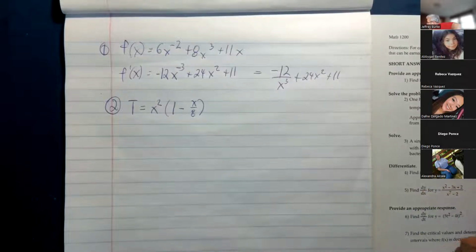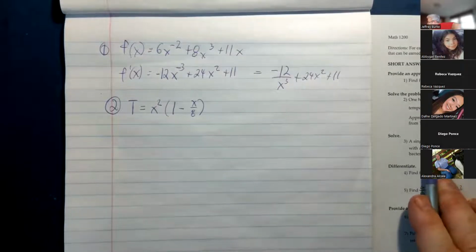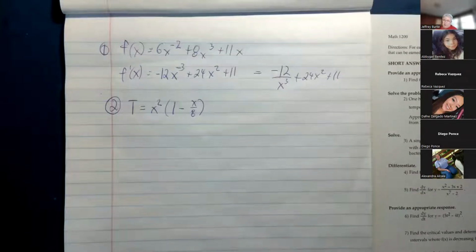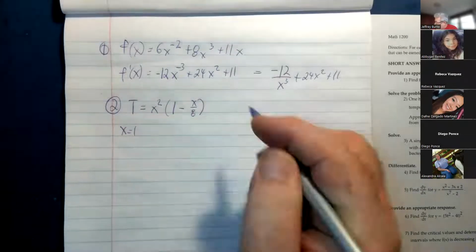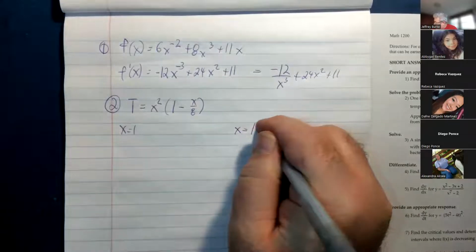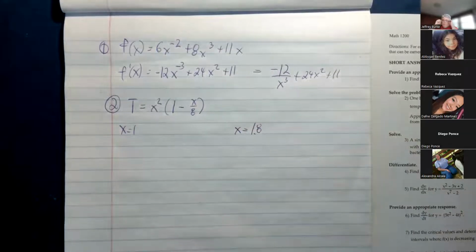Approximately the changes of body temperature produced when you increase this from 1 to 1.8. So I think what they're looking for us to do is actually to let X equal 1, then X equal to 1.8, and then compare the difference of those results. So that's what we're going to do. They're actually not looking for us to do the derivative of this. They're looking for us to put in 1, put in 1.8, and then see what the difference is. I believe that's what they're asking us to do.